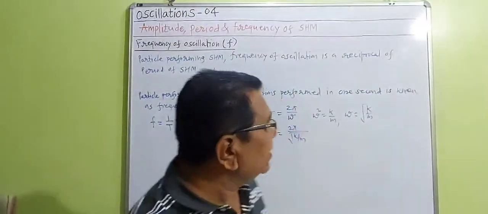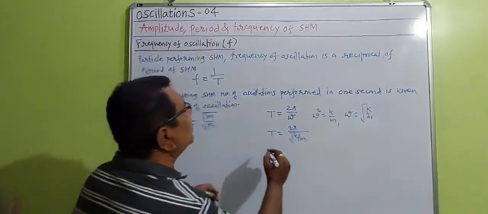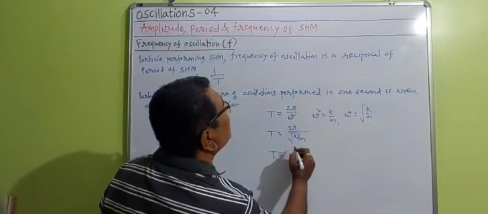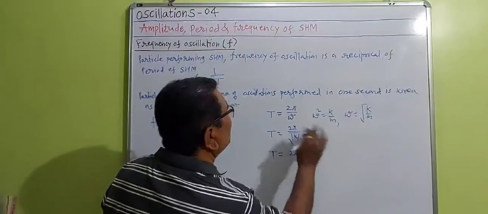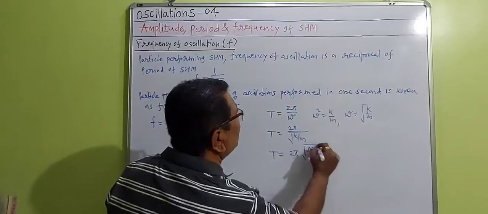See here, I have made one mistake, I think. We get T is equal to 2 pi root of m upon k.